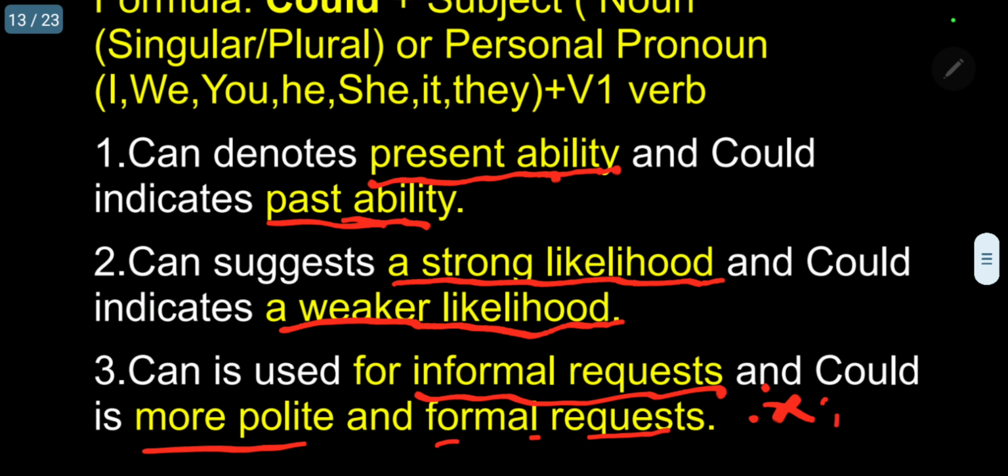Can we use for informal requests, and could for polite and formal requests. So in the case of could, it can be used for past ability, for a weaker likelihood, and for a polite and formal request.